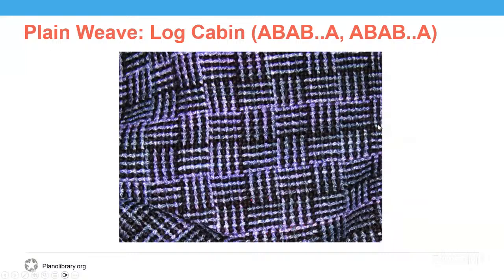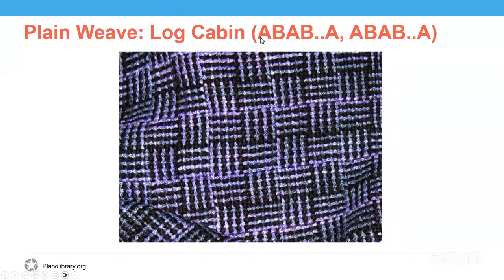Another plain weave pattern that we can weave is called log cabin. What log cabin does is it creates these alternating patterns of horizontal and vertical. To create a log cabin pattern, we would do one strand purple, one strand black, one strand purple, one strand black, and so on.